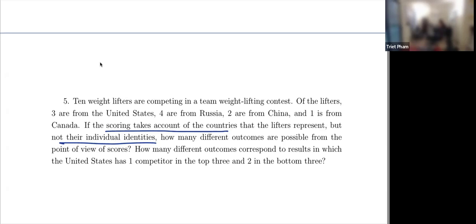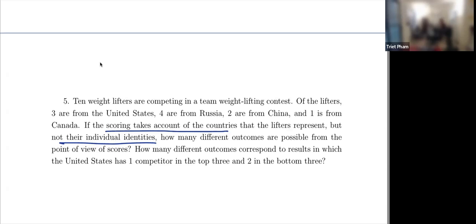It tries to tell us that the lifters from the same country are indistinguishable, or non-distinct, or identical, because you don't take account of their individual identities. So again, this is a strong signal that we're looking into the concept of what we just discussed: arranging items on a line, because we're trying to rank them, but where items from the same group are indistinguishable.